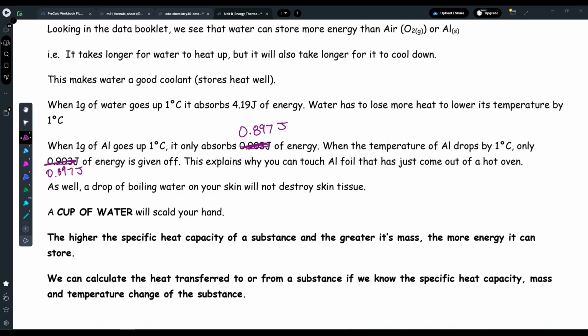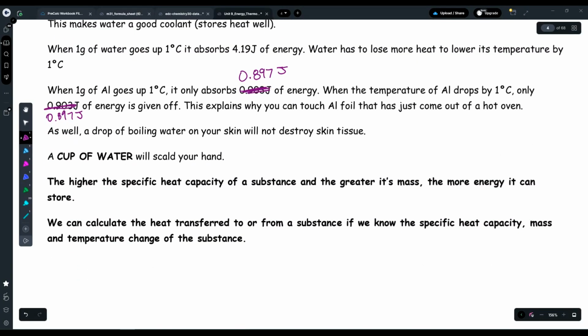However, with a cup of hot water, because there's more mass, so it's holding more heat, that will scald your hand. So effectively what we're saying is the higher the specific heat capacity of a substance and the greater its mass, the more energy that it can store.